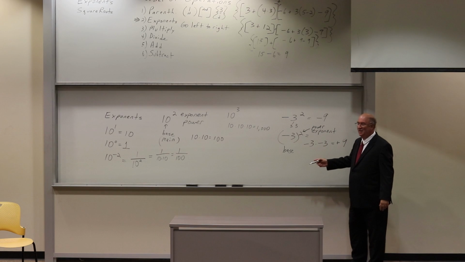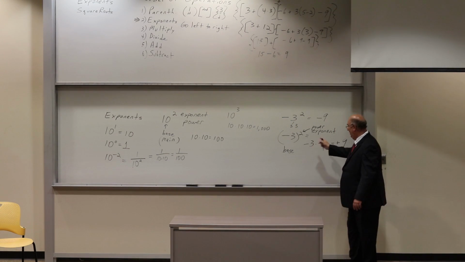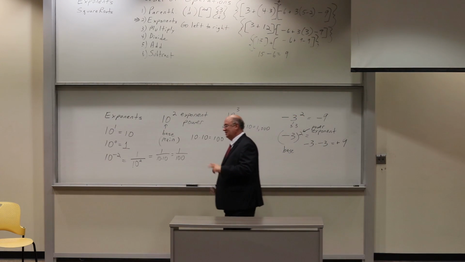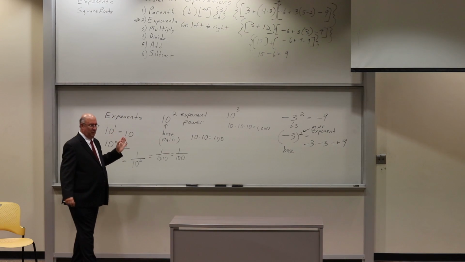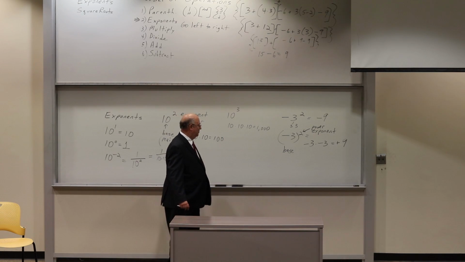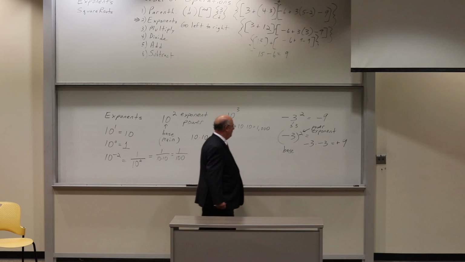It's minus 9. So keep an eye on the minus sign and keep an eye on brackets. If you've got brackets, the whole thing inside the bracket is the base. If you don't have brackets, just the number is the base. The superscript is still the power or exponent. And that sneaky minus sign you have to bring back in there.